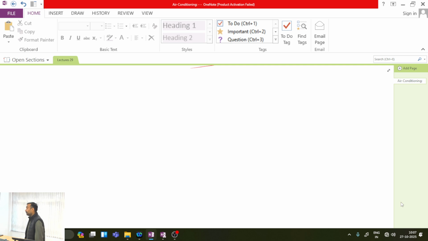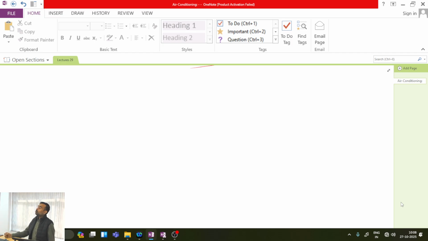In winters, what we want in the room is heat, so whatever room air is there, we need to heat it. In summers we do cooling, but in winters, you know that whenever we keep the heater on for a longer duration, the air becomes dry. Did you observe this point? It becomes a very dry situation.